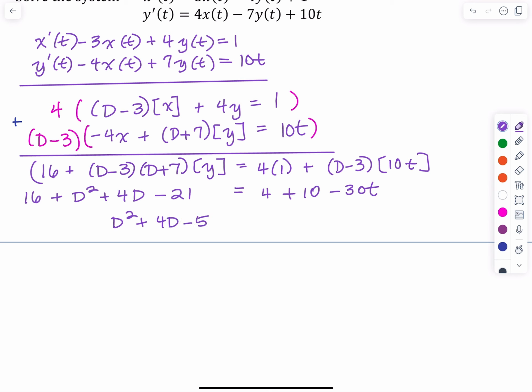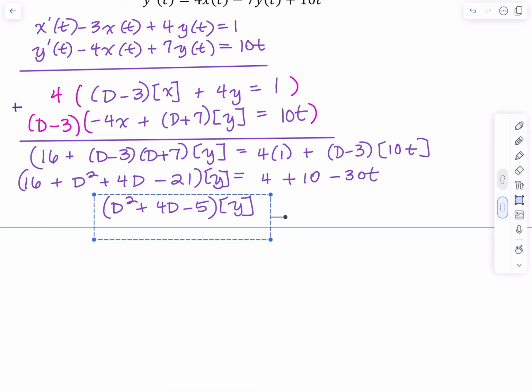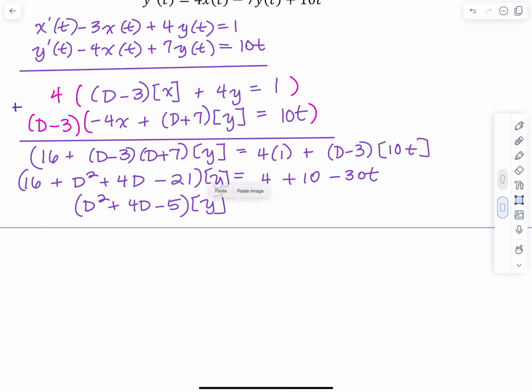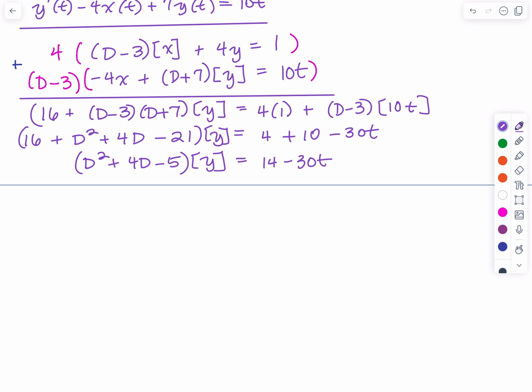Oh, and this should be of y. Minus 5 of y is equal to 14 minus 30t.